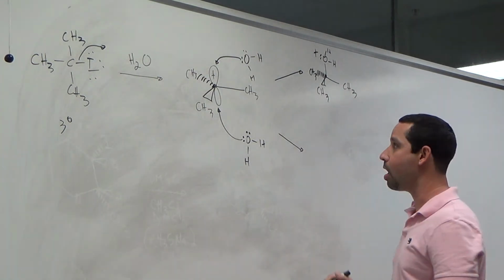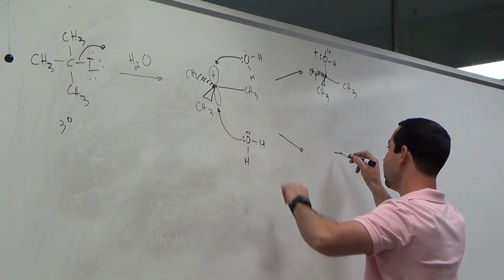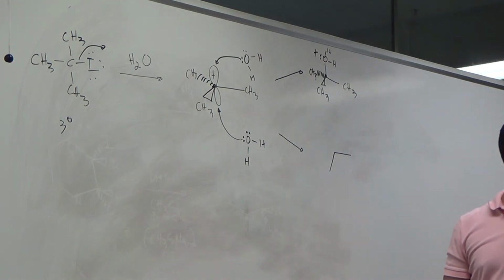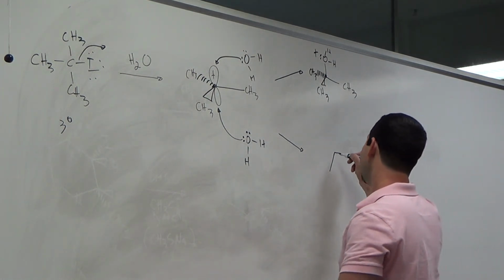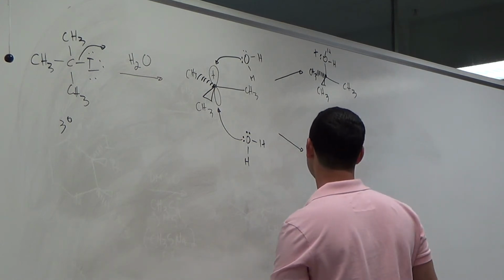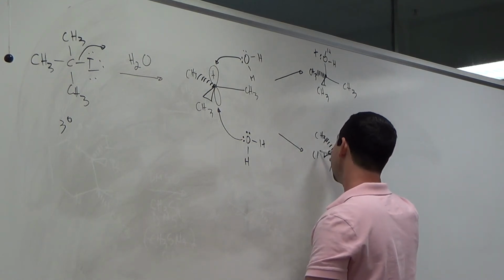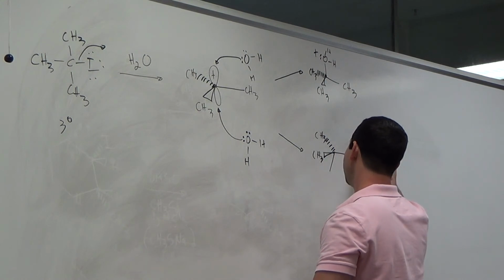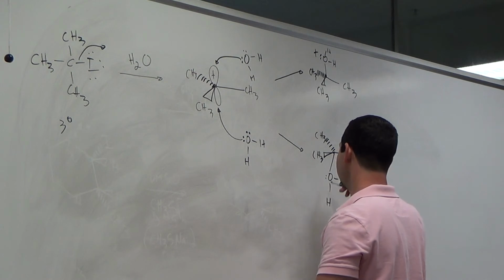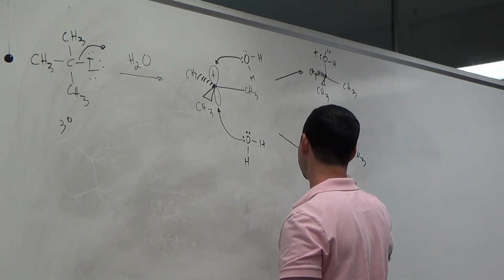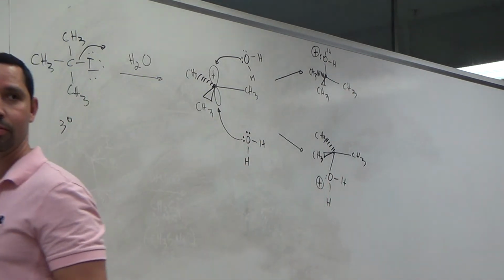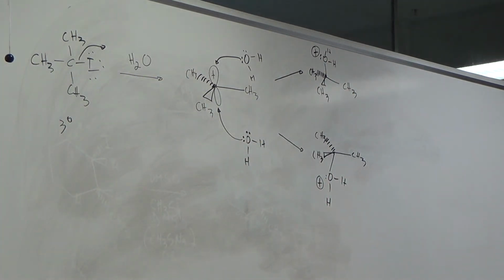If the attack is from the bottom, I draw this line here, and then the other one from the bottom, most of the time 109.5 degrees. And this stuff is still going to go towards the back, and this towards the front. CH3, CH3, CH3, and here's the new bond. That oxygen is charged. How's that?